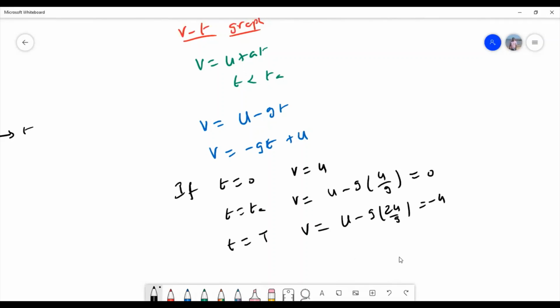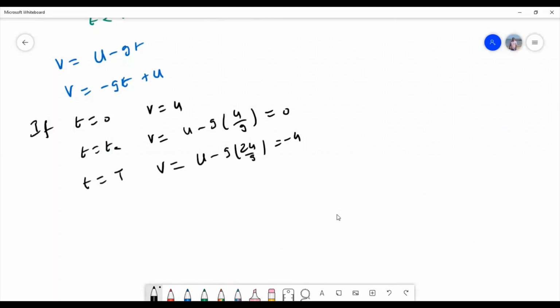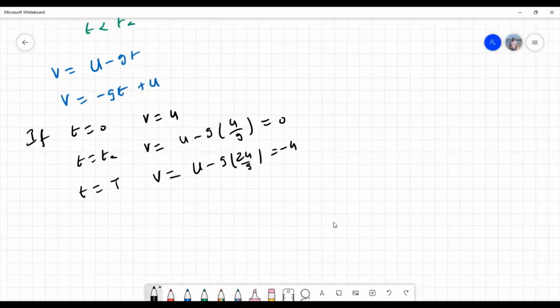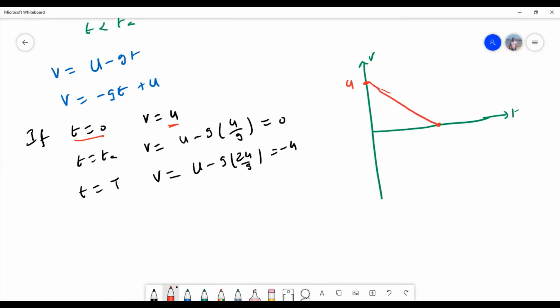So what does that mean? Let us understand. Initially a body is projected with a velocity u, and this is how the VT graph looks. That means initially the body has some velocity. This is v, this is t. Here there is some velocity, which is nothing but u. Then after time of ascent, the body will be at the highest point, so the velocity becomes 0.